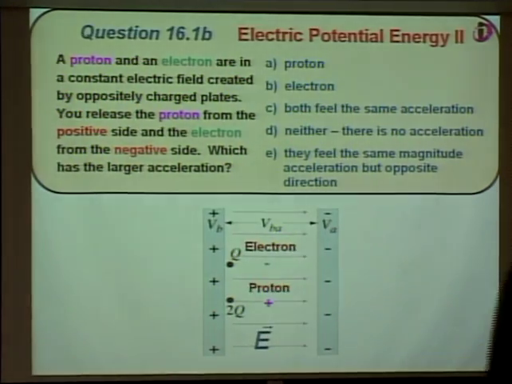That's why I went through that whole mass thing. Which one's going to have the larger acceleration? It's going to be the same, proton, electron. Whoa, Abigail, say that one more time. Proton has more mass.